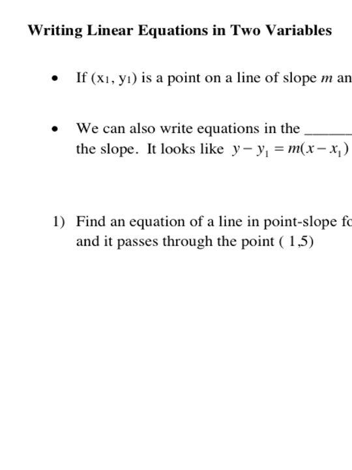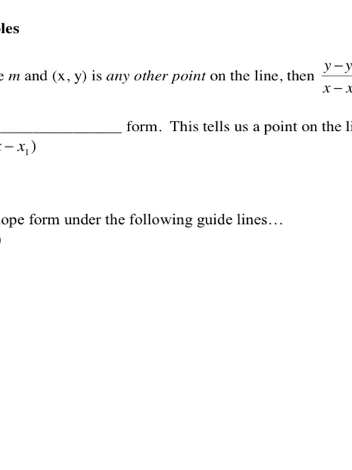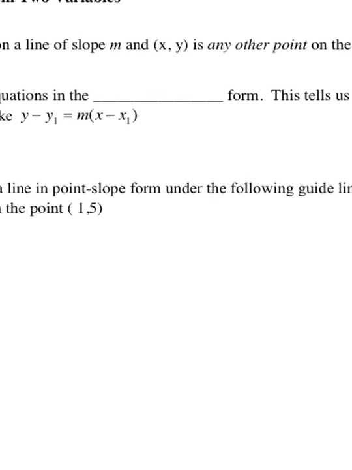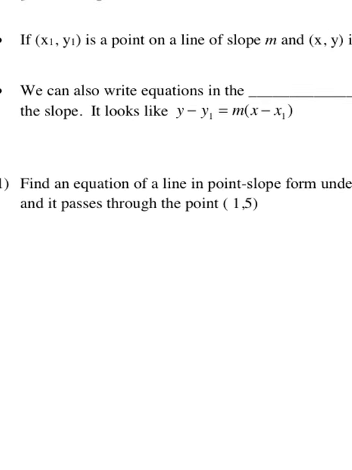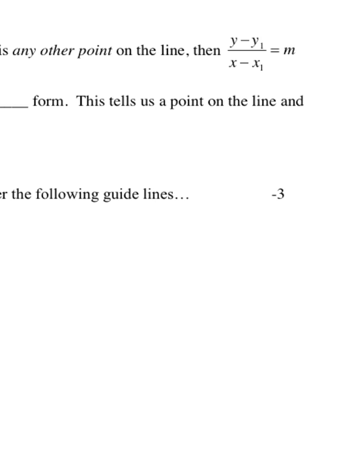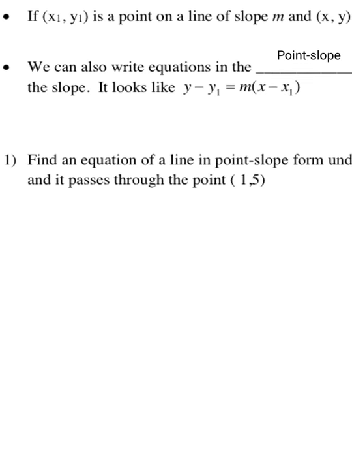So when we're writing linear equations in 2 variables, if x1 and y1 is a point on the line of slope m, and xy is any other point on the line, then we can use the slope formula to find the slope. We can also write equations in point-slope form. This tells us a point on the line and the slope.